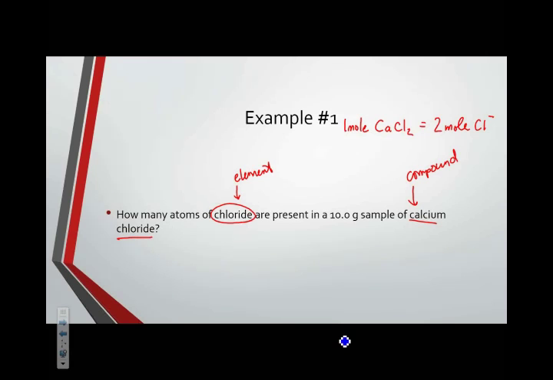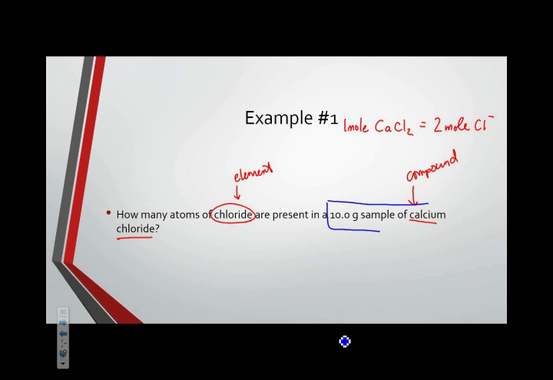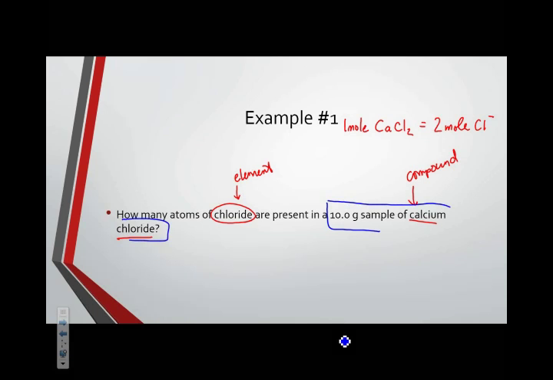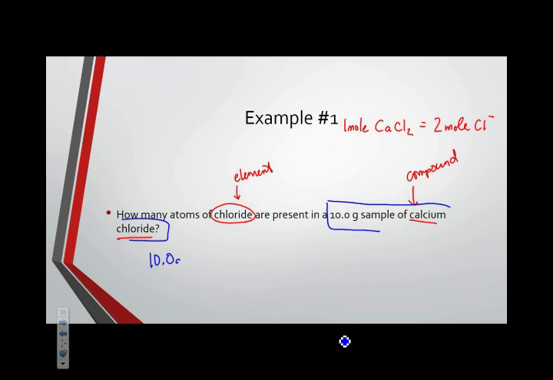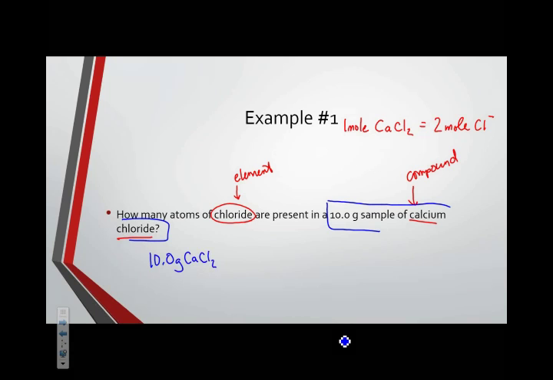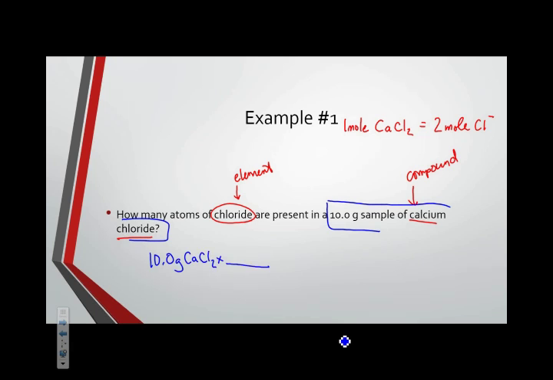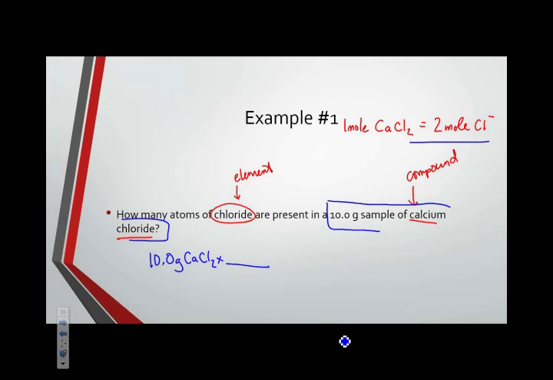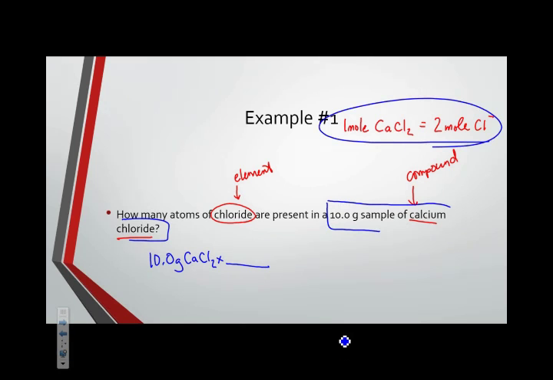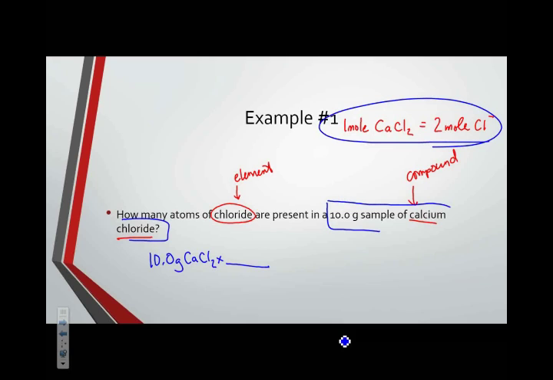So I'm going to start with the number that I'm given here, which is this 10 gram sample of calcium chloride. 10.0 grams of calcium chloride. If we have grams, and we know that eventually we're going to need this relationship up here, which is in moles, it means that I'm going to need to use my molar mass, which I can calculate from the periodic table.